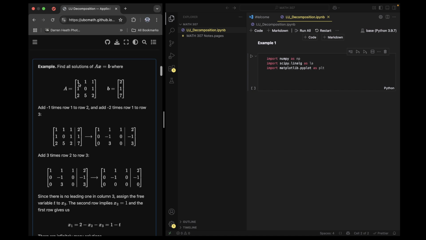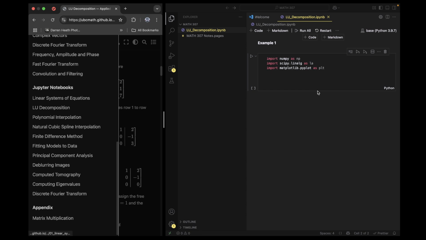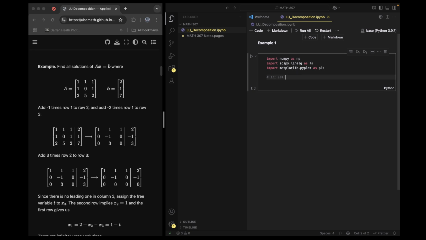Okay, so we have first row is 1 1 1, 1 0 1, 2 5 2. Was it 0 1 2 5 2, and B is 2 1 7.